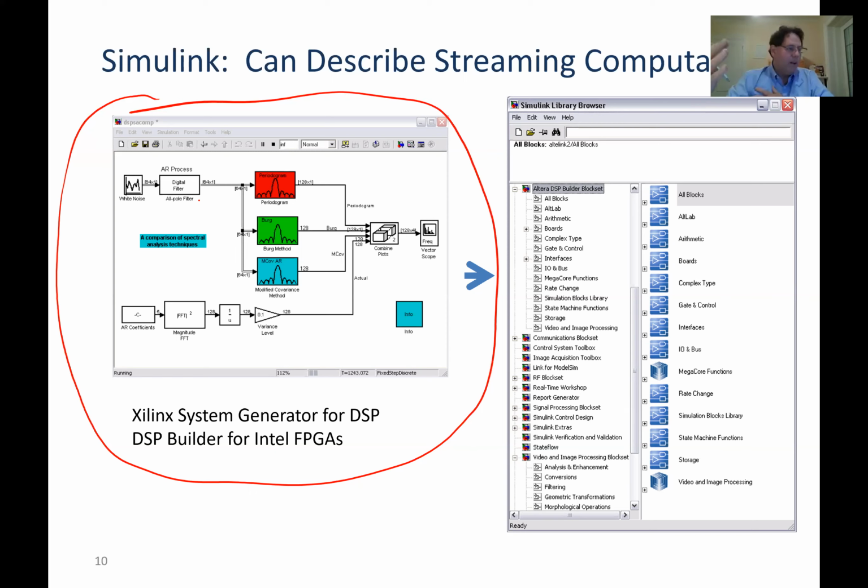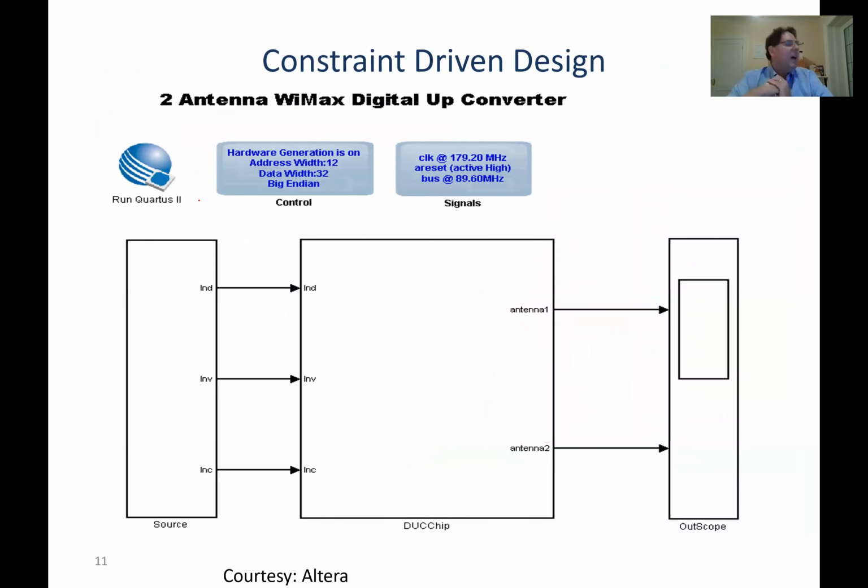Each of those blocks has a parameterized hardware generator embedded in it. So you put the block in, you configure it, you run all your Simulink simulations to see if you're getting the bit error rate you want and so on. But when you're done, you can push a button and those parameterized hardware generators will actually go and build you the hardware. So that can be a really efficient way to work if you're trying to build a signal processing system.